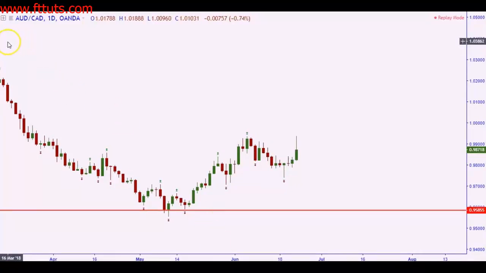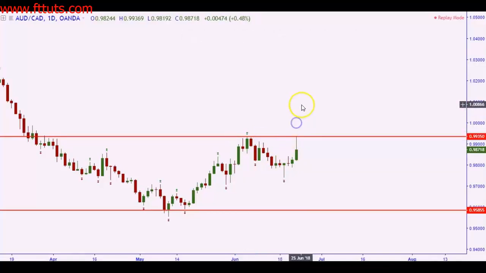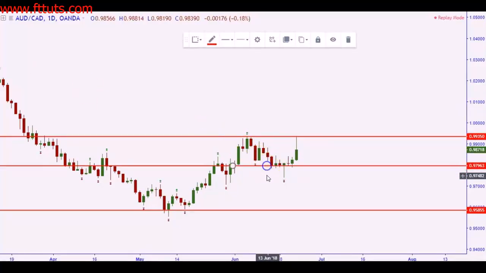So the market comes up all the way up to this level and fails to violate this level. Comes right back smack dab on it. Fails to violate it. And at this point, we could be thinking maybe ranging, because if you fail to break 2, you could range, right?